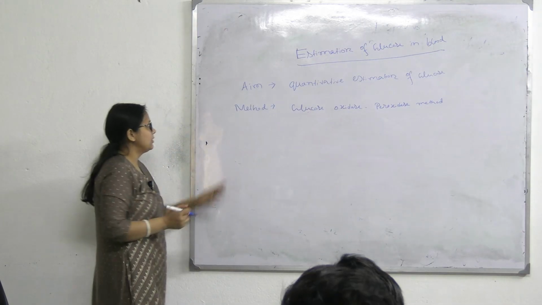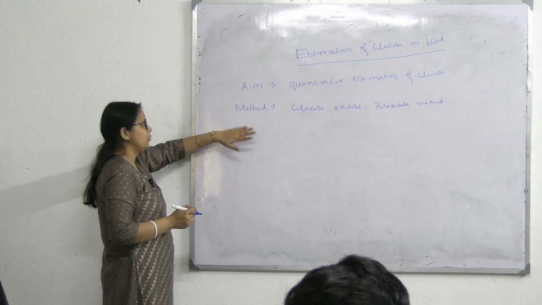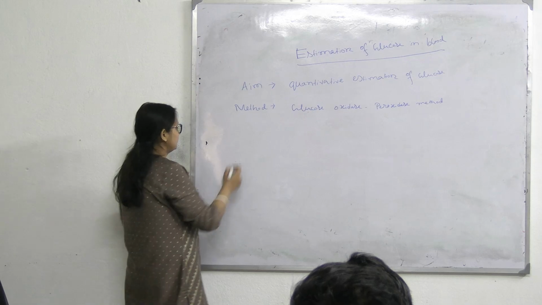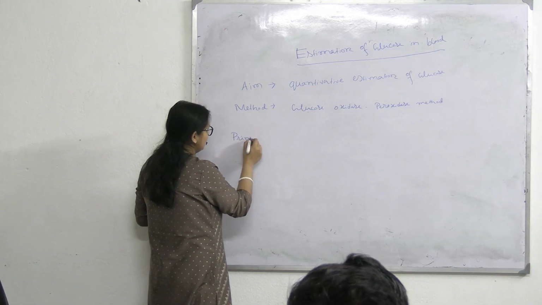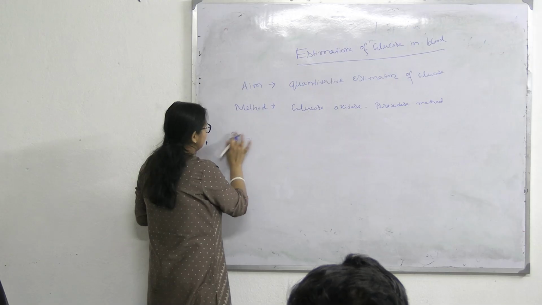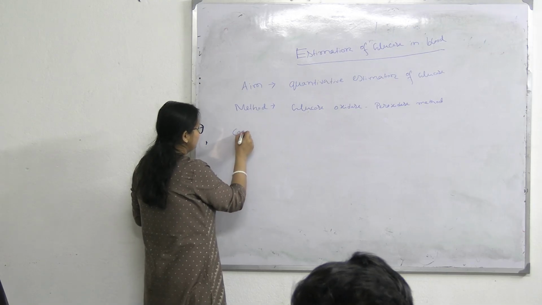So at first you have to write aim, then name of the method, then collection of blood sample.